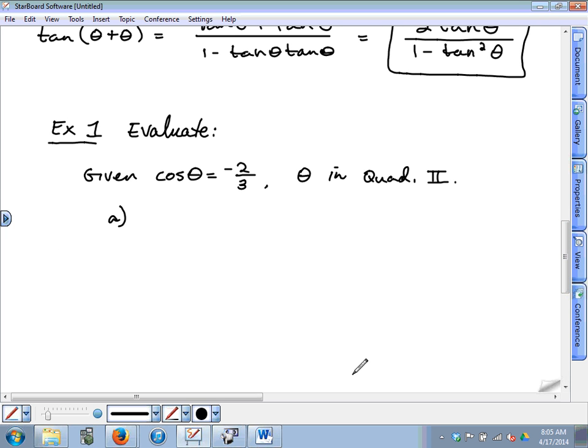Part A, what's the cosine of 2 theta? Part B, what's the sine of 2 theta?